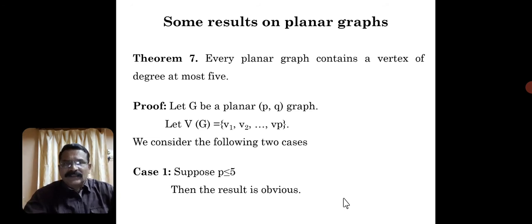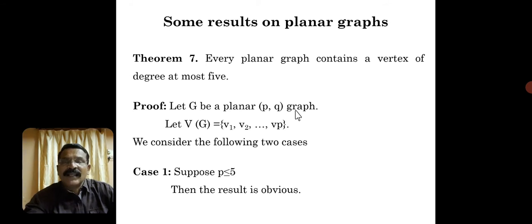So one result: every planar graph contains a vertex of degree at most 5. So what is the statement? Every planar graph contains a vertex of degree at most 5. What is the meaning of this statement? If you consider any planar graph, then that planar graph contains at least one vertex whose degree is at most 5.